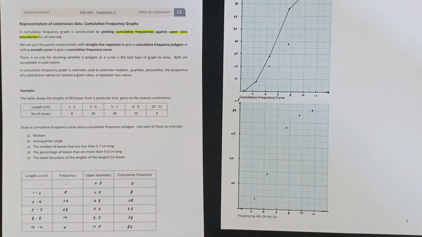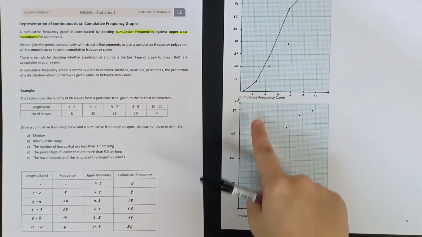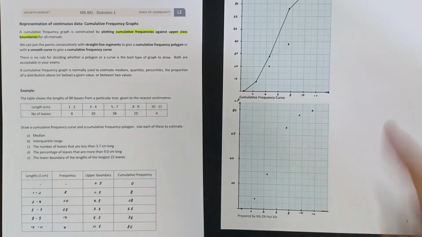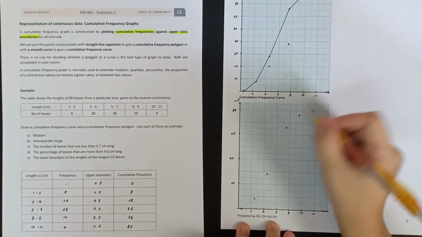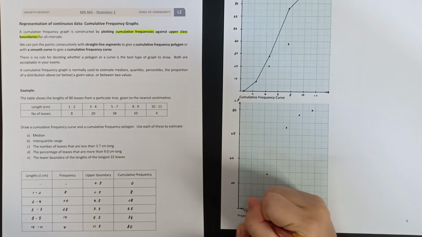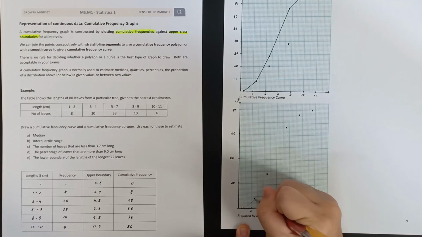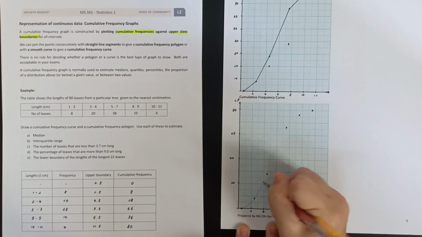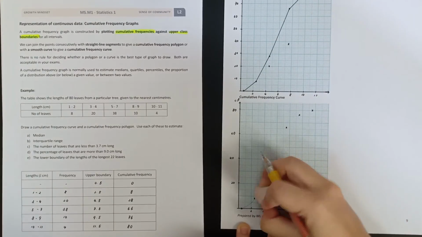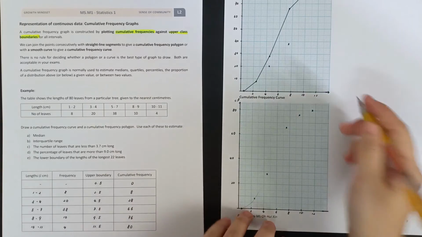Okay, so after this, for this one, it's going to be cumulative frequency curve. So meaning you should use freehand to draw a curve. I'm sorry, I actually need to turn my paper.